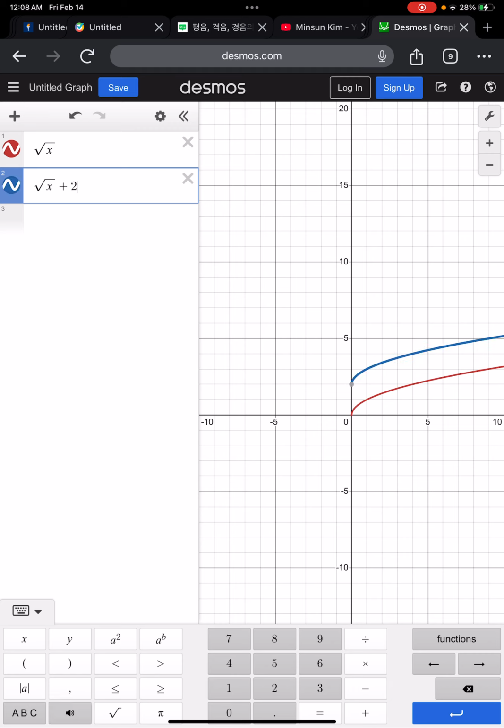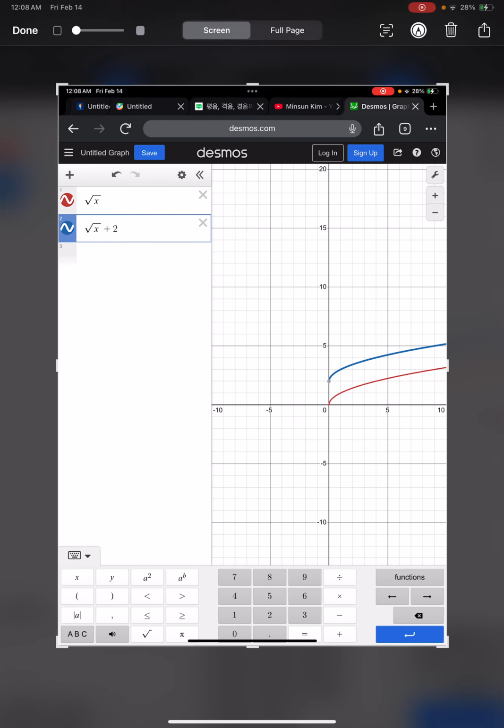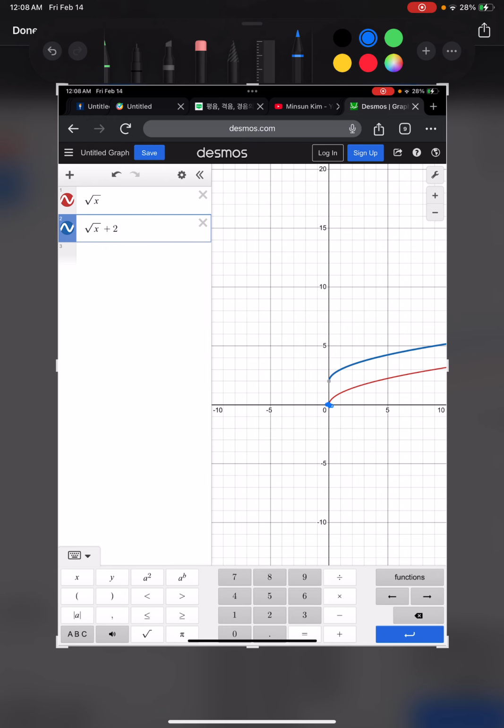Now I'm going to locate the 2 endpoints. One is right here. The original one's endpoint is 0, 0. The new endpoint is 0, 2.